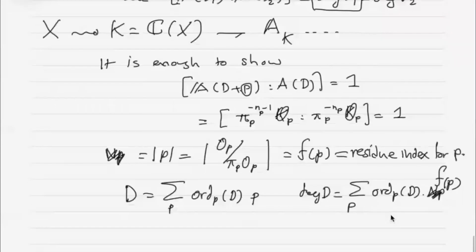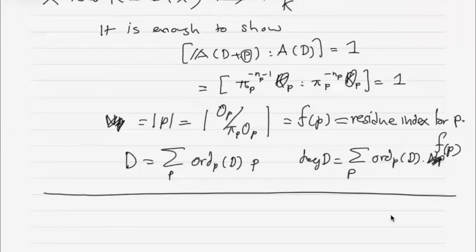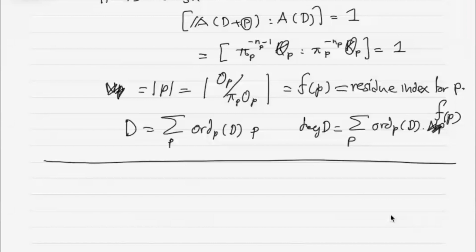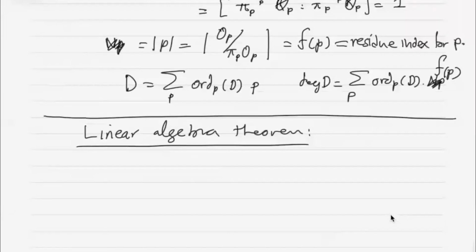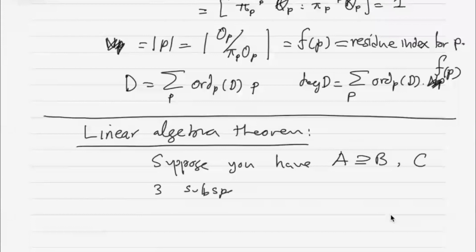Okay, now there is a theorem in linear algebra that I'm going to leave for you to contemplate. Suppose you have A that contains B and C, three subspaces of a vector space, and the dimension of A over B is finite.